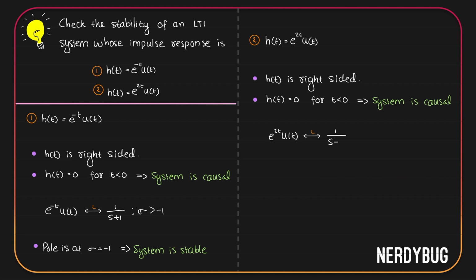It will be 1 by s minus 2 and the ROC is sigma greater than 2. This only has one pole and it is at +2. Since the rightmost pole is at s equal to 2 and the system is causal, the ROC will have to be towards the right of 2, which means it will not include the j omega axis, so the system is unstable.